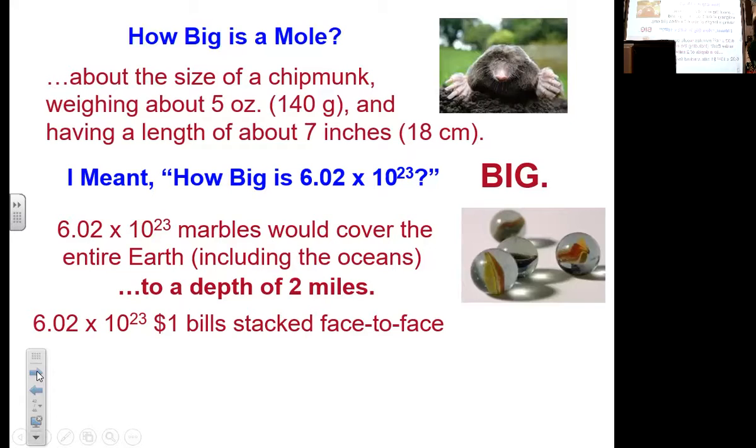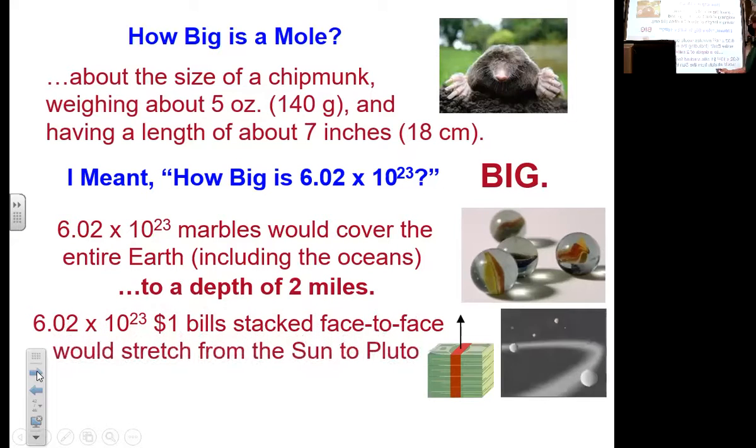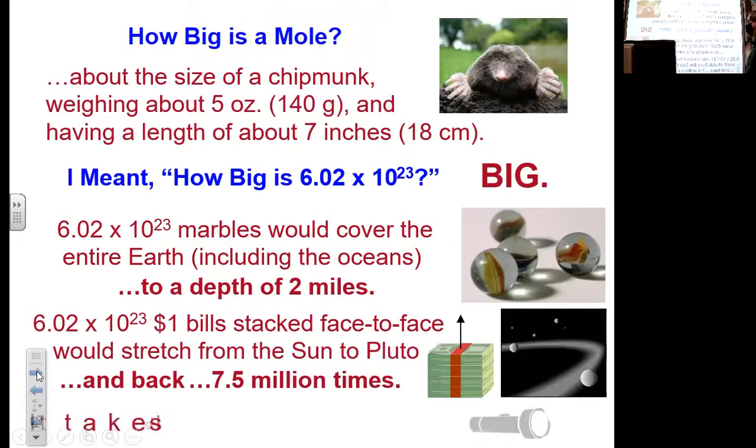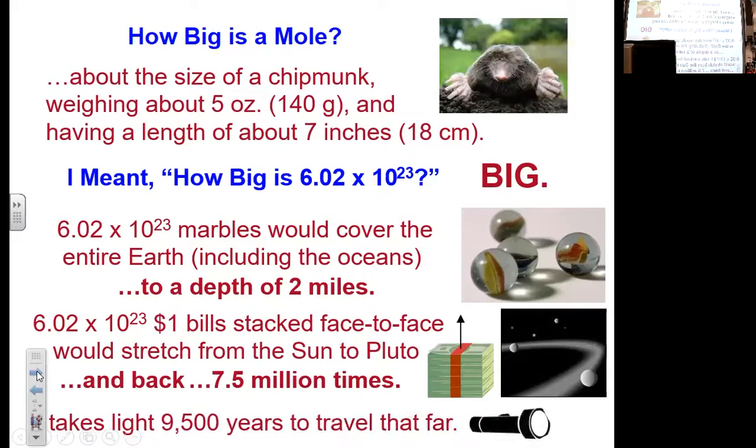If you made a stack of dollars and you had 602 hexillion, it would go from the sun to Pluto and back 7.5 million times. So it's an incredibly large number for us to wrap our minds around.